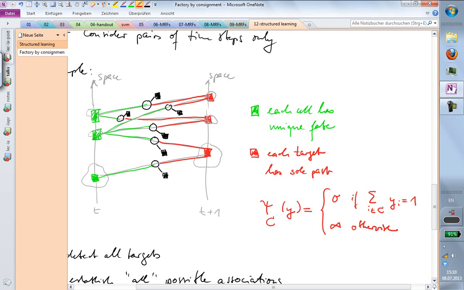However, we would then still need to enforce consistency, I think. So let's say we allow this one here to have a finite energy if all of its associated random variables are 0, so this one would be 0, and this one would be 0, and this one would be 0.